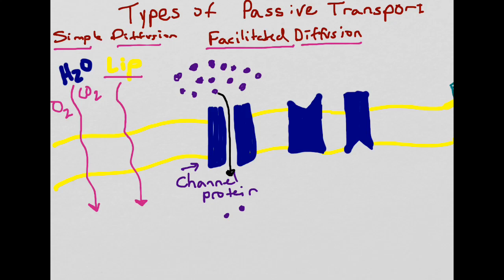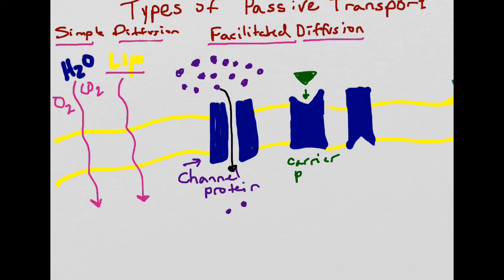Then we have this one over here. Let's give this guy a different color. Green. Okay. This guy, this is big. This can't possibly fit through the plasma membrane. So it attaches, this is called a carrier protein. Okay.